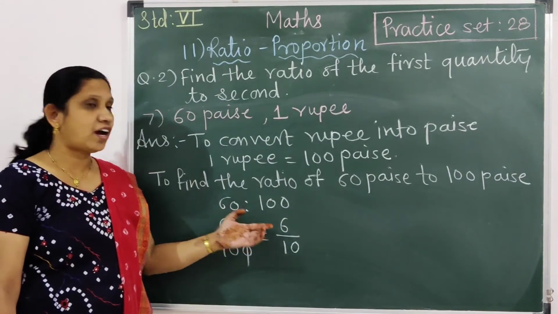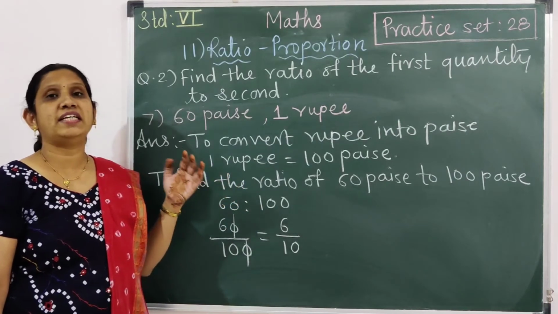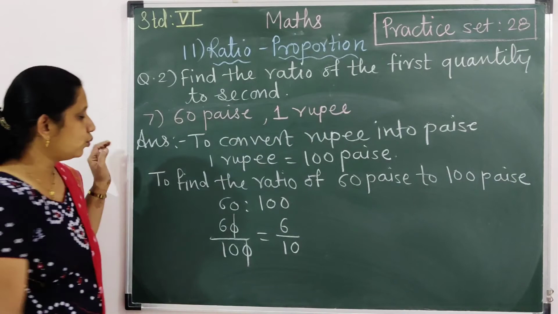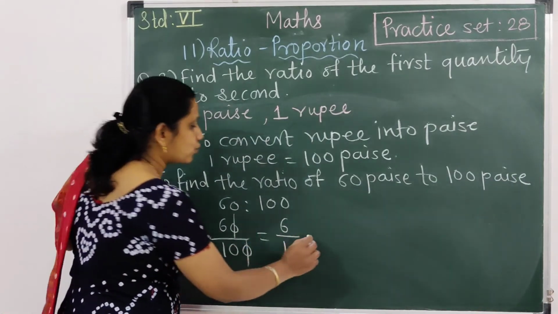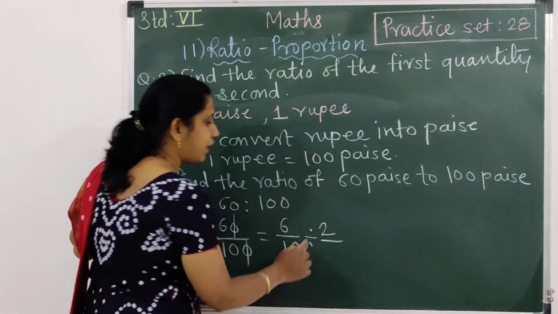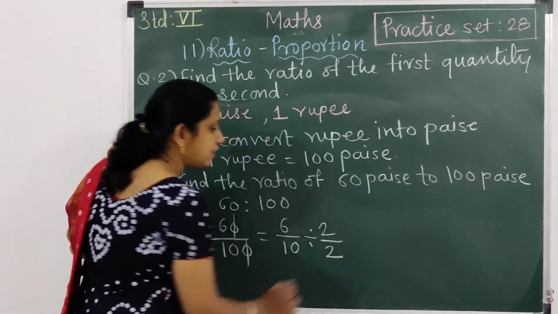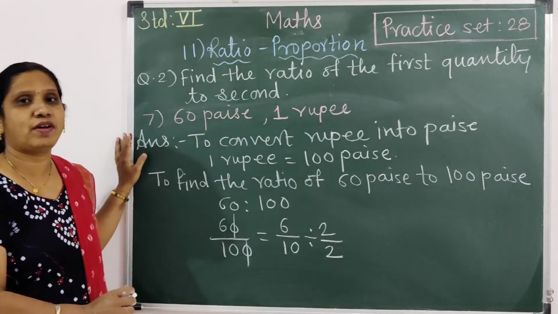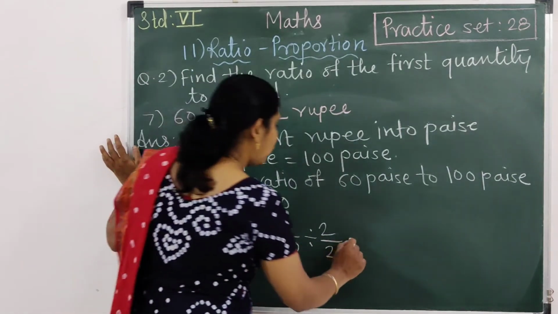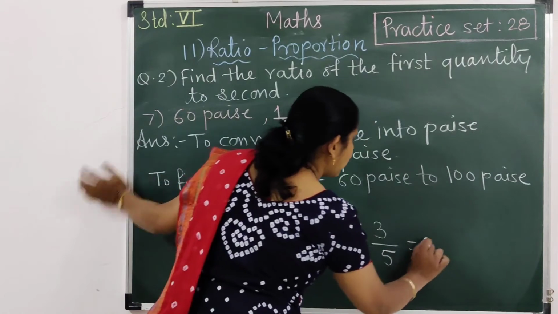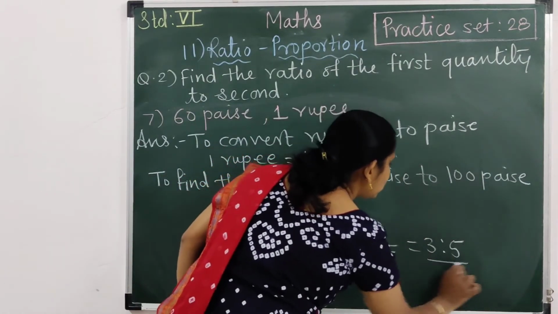When the digits are 0, 2, 4, 6, 8 on unit place, number is divisible by 2. So here is 6, here is 0. So both the numbers are divisible by 2. So let us divide in the numerator by 2 as well as in the denominator also we have to divide by 2. So what remains? 2 3s are 6, 2 5s are 10. So our answer is 3:5.